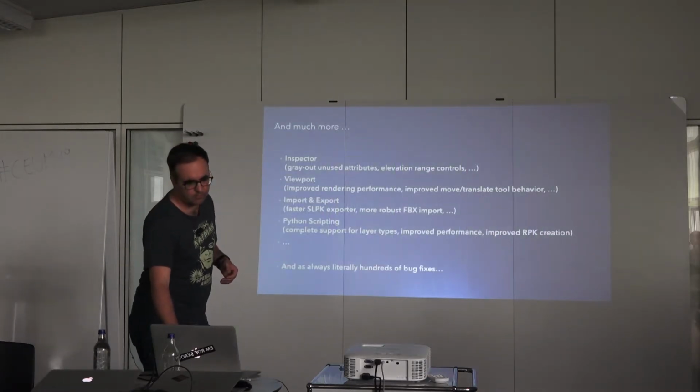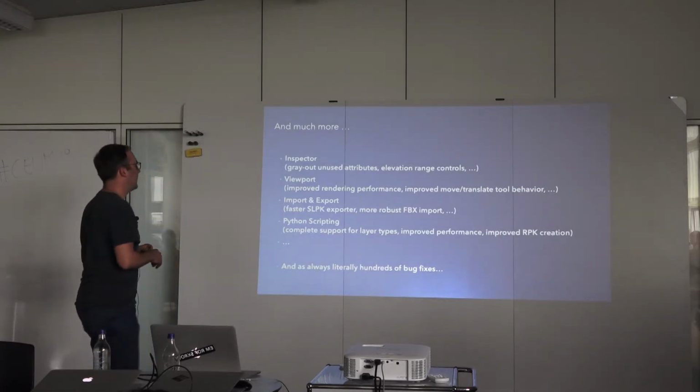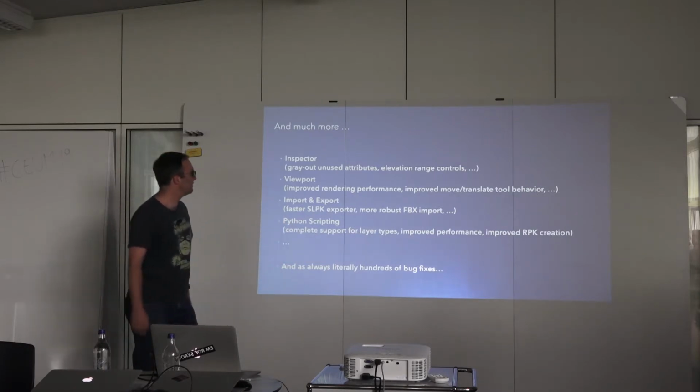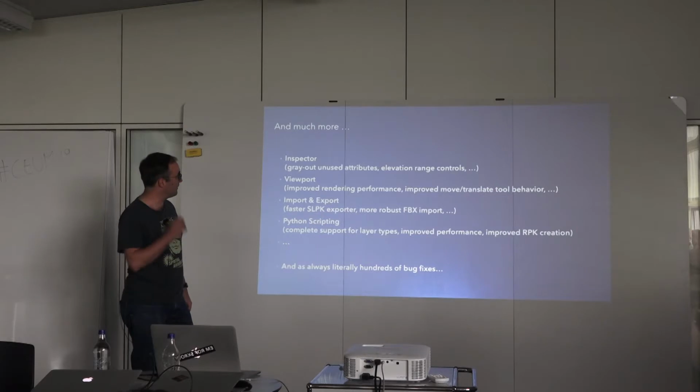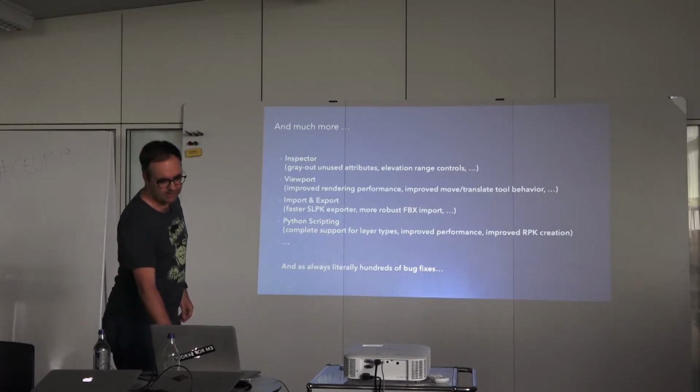Of course, we literally had multiple hundreds of bug fixes and changes to CityEngine 2019, so I cannot list everything. Make sure to read the release notes and the what's new once they're out. I'm sure there's something for everybody.